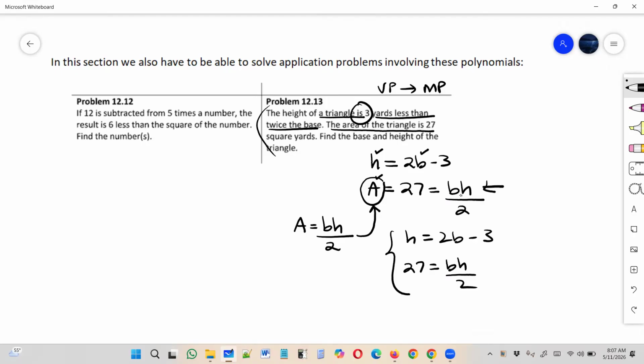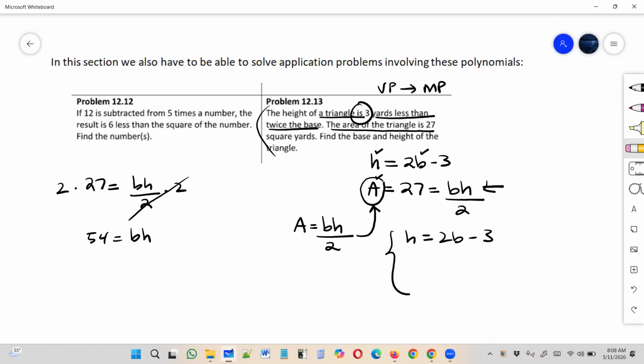I'm going to multiply both sides by 2 to get rid of the denominator. They cancel here. I get 54 equals BH. So instead of using this 27, I'm going to use 54 equals BH.